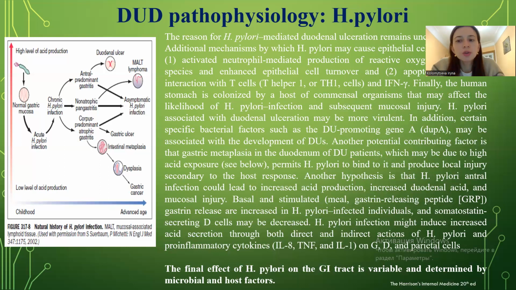Another potential contributing factor is the gastric metaplasia in the duodenum of duodenal ulcer patients, which may be due to high acid exposure and permits Helicobacter pylori to bind to it and produce local injury secondary to the host response. Another hypothesis is that Helicobacter pylori antral infection could lead to increased acid production, increased duodenal acid, and mucosal injury.